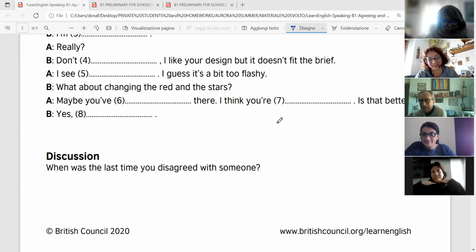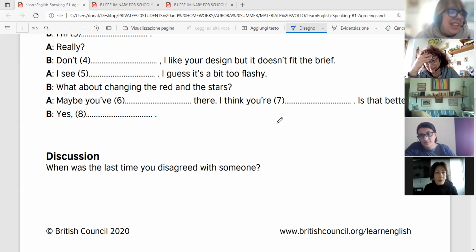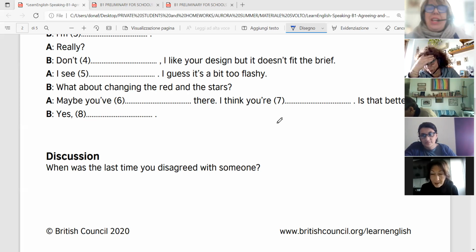That is the question. And in this war time, Russian or not Russian, it's very difficult. So there's always something to disagree with people about.